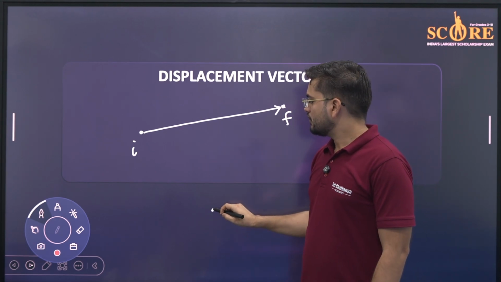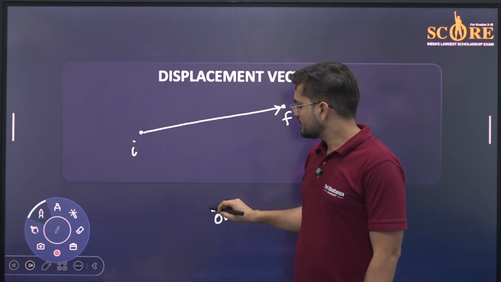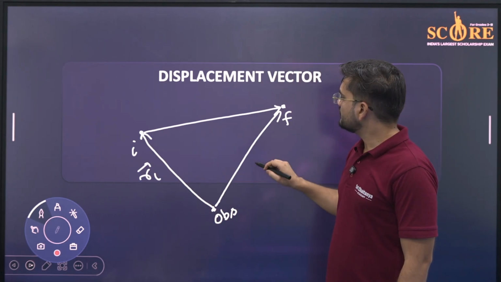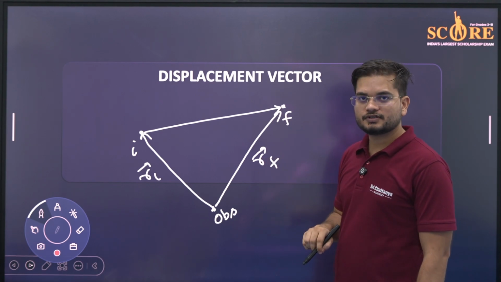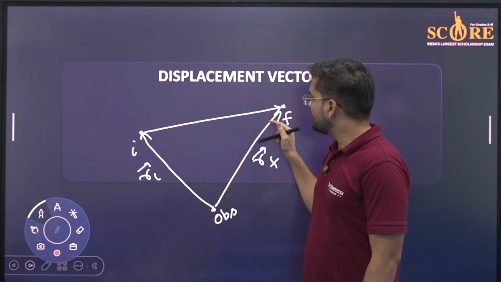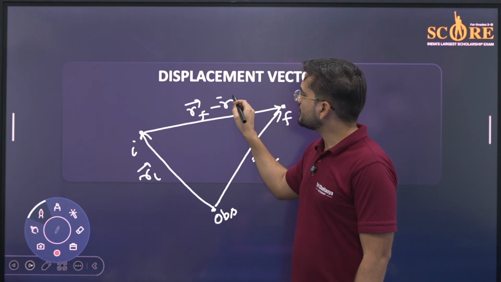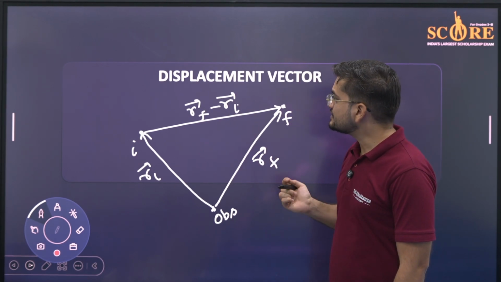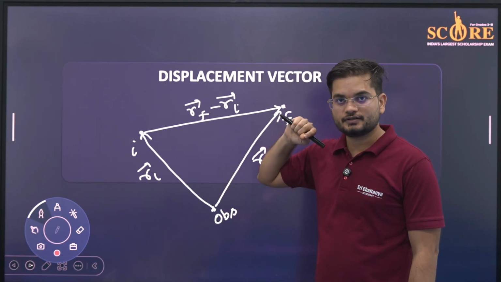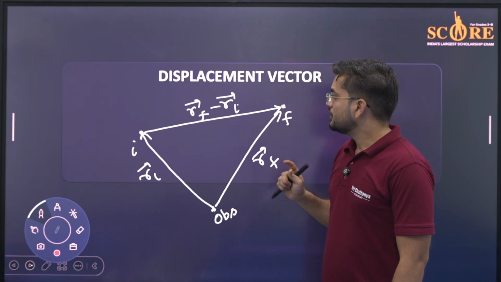If the observer is at this position, then according to the vector triangle law, we can define this vector as R_f vector minus R_i vector. So we can say that displacement vector is the change in position vector. Clear?